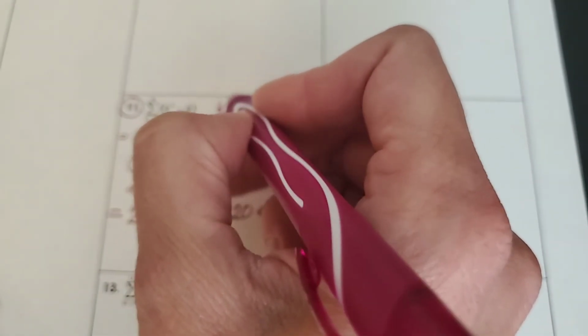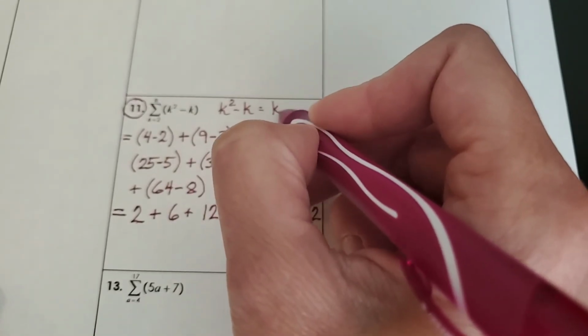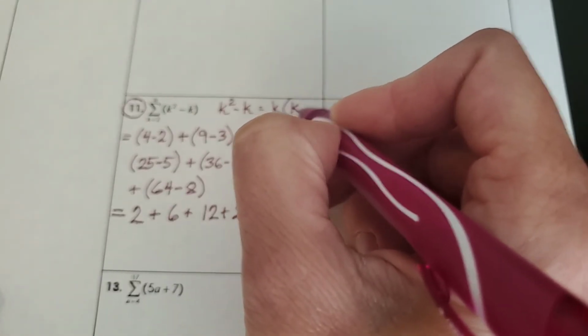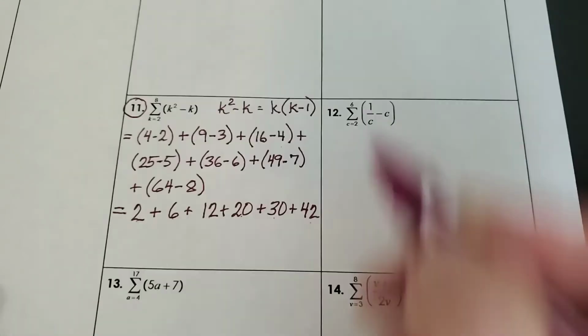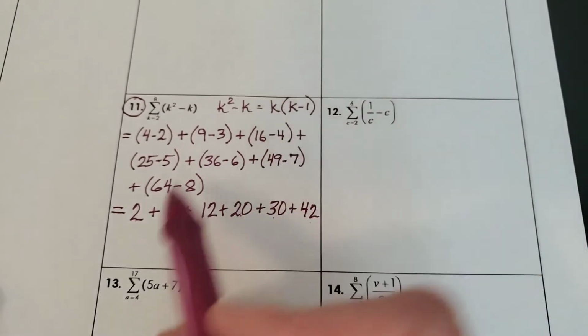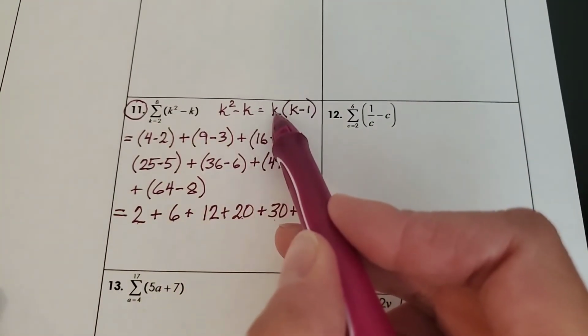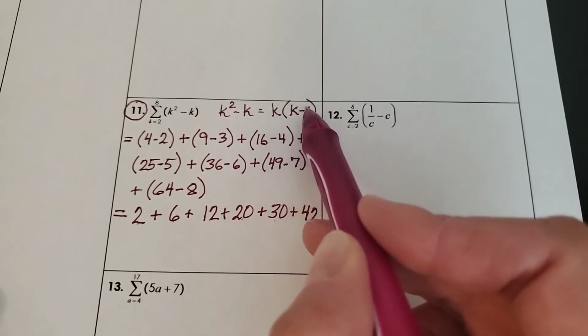Well, look back at your explicit formula, k squared minus k. If I factor a k out of there, I've got k times k minus 1. So for the second term, because that's what we started with, that would be 2 times 1.